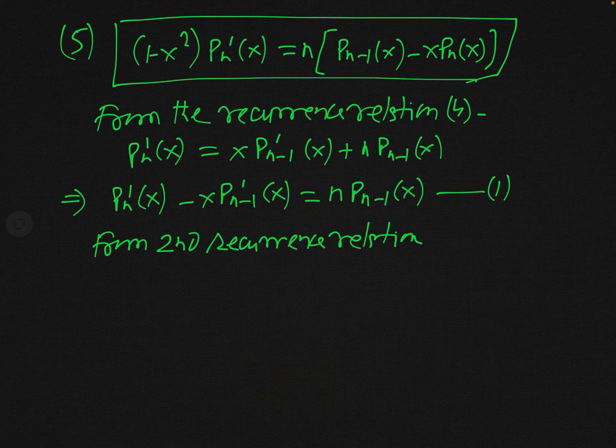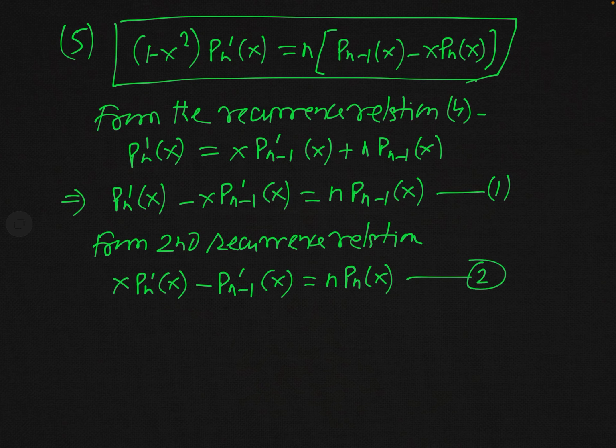From this second recurrence relation, you can write that x into Pn prime of x minus Pn minus 1 prime of x equals n into Pn of x, and say this is equation 2.